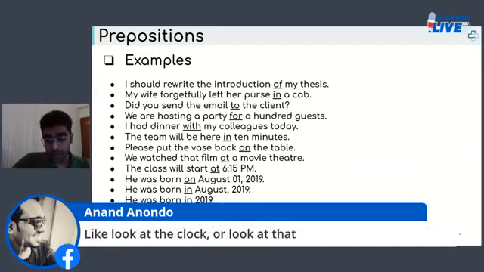Yeah, look at the clock, right? Look at the clock or look at that. Well, you see here, you're actually not directing in that sense, but you're rather referring towards locations. So look at that clock, right? So in that case, you're locating certain things. To locate certain things, we of course use the preposition at.